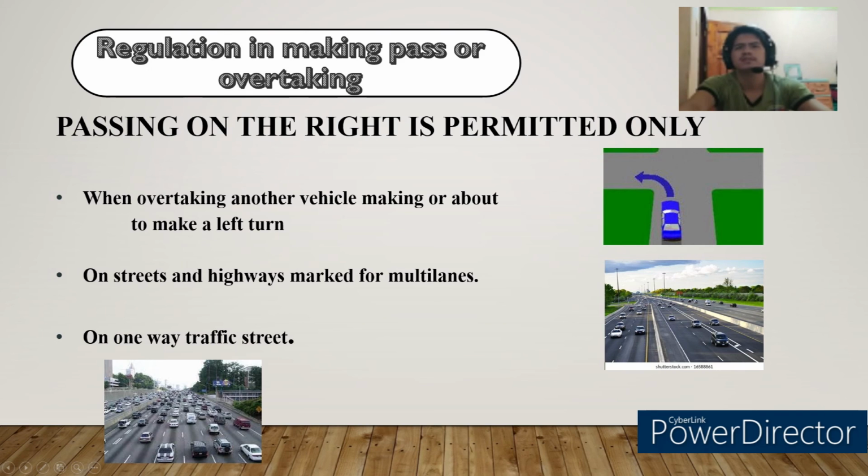Here it is only one-way traffic, you won't meet any other vehicle, because in the street there is only one direction. So it is safe to pass on the right side. So those are the regulations in making a pass or overtaking.